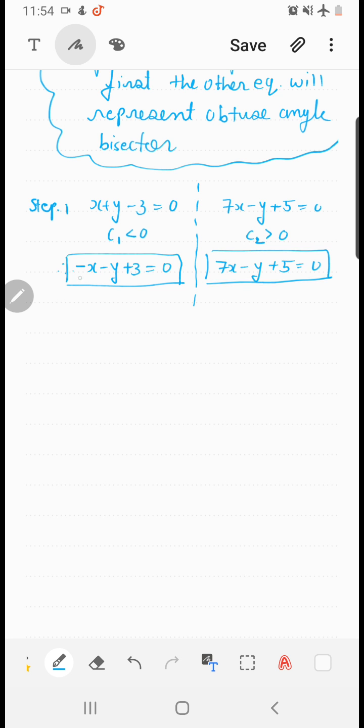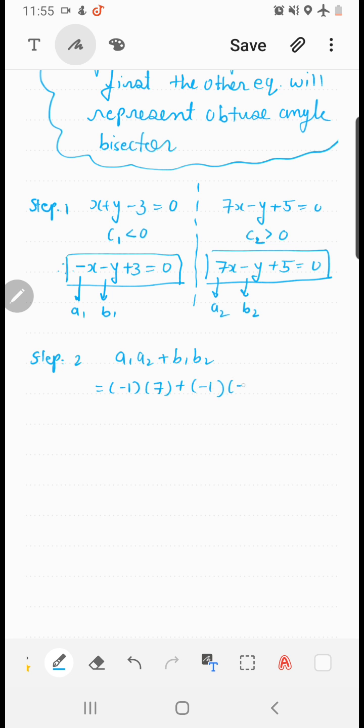Now before we move to the second step, let me be very clear, this is your A1, this is your B1, this is your A2, and this one is your B2. Don't refer to the original equation. Now in step number 2, as decided, we are going to find A1 A2 plus B1 B2. So A1 is minus 1, A2 is 7, B1 is minus 1, B2 is minus 1.